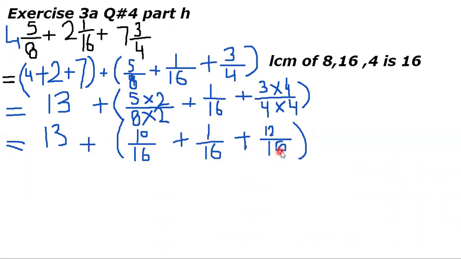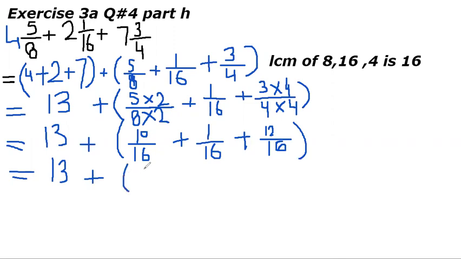Now the denominators are same. We can say that the fractions are like fractions, and now we can add the numerators. In the next step, 13 is a whole number. As it is, we will copy it down from the above step.